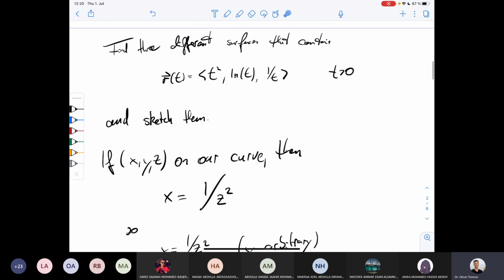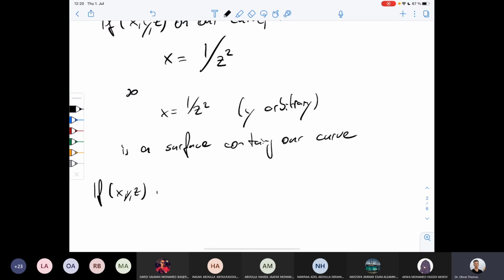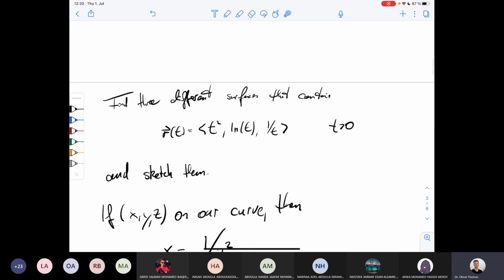Similarly, we can look at, for example, the relationship between these two. Well, what's the relationship? Again, if x, y, z is a point on the curve, then how do we get from one to the other?